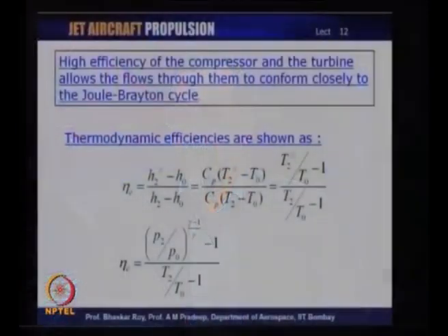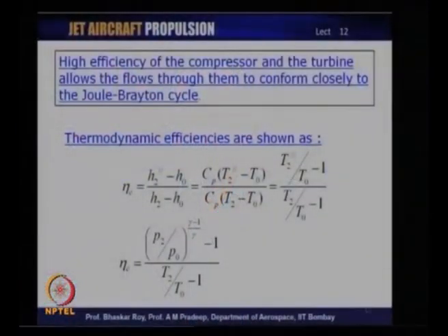This thermodynamic efficiency, or what we call the isentropic efficiency, can be shown in terms of the work that is being done ideally and the work that is being done really, and the real and the ideal work can be put together in one relation, and that relation captures the essence of the work that is going on through the compression process. So, let us take a look at this thermodynamic efficiency definition.